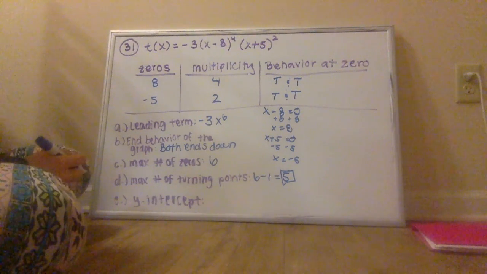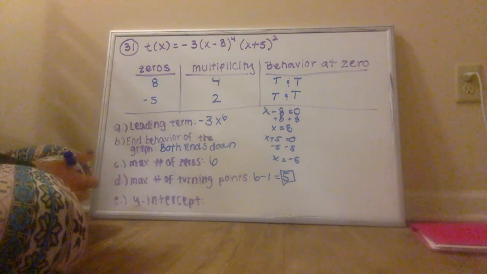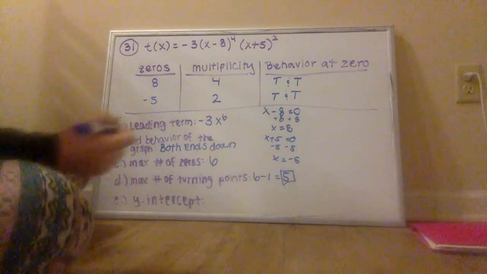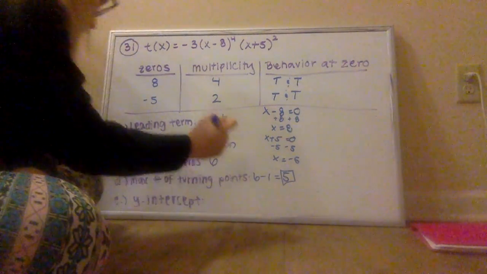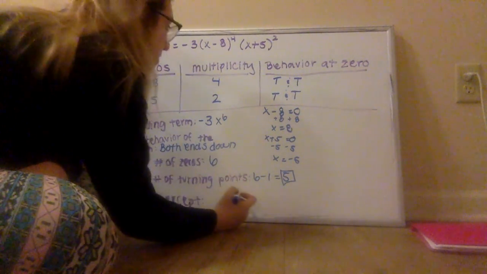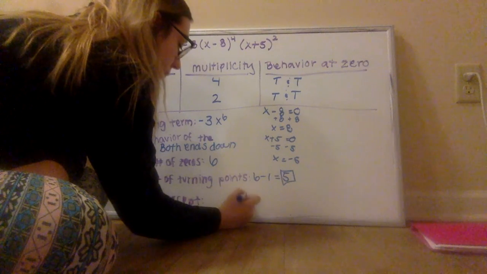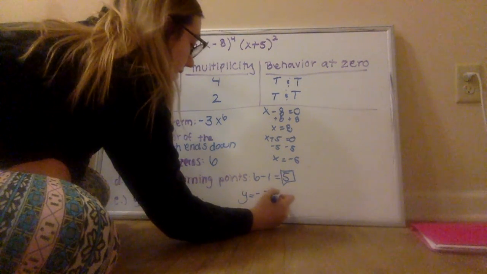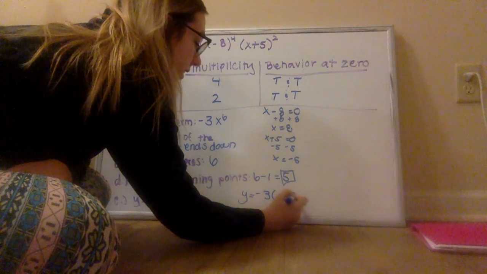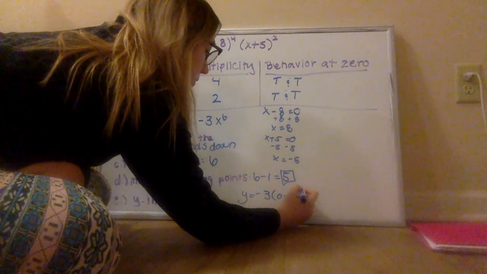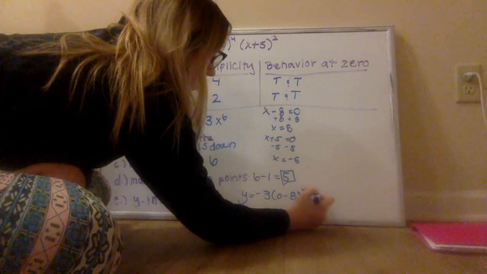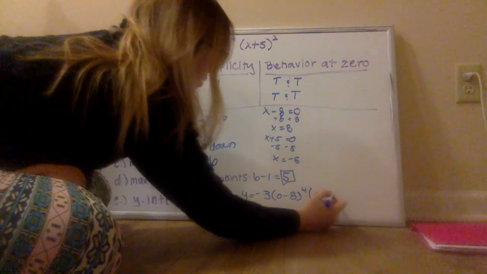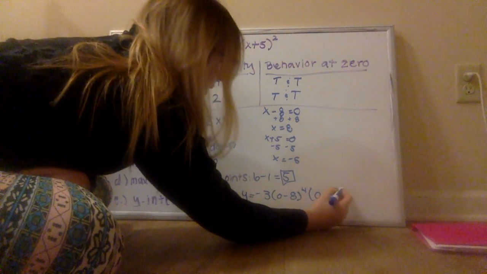And then the last thing we have is our y-intercept. So we're going to set all of our x's equal to 0. So we have y equal to negative 3 times 0 minus 8 to the 4th times 0 plus 5 squared.